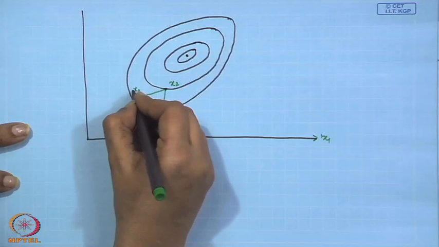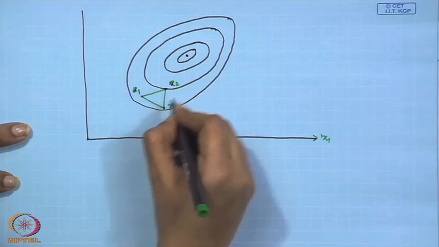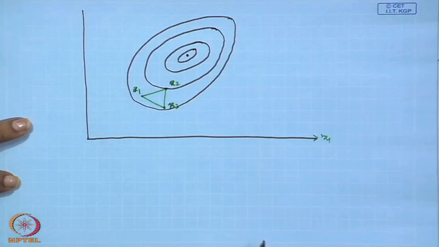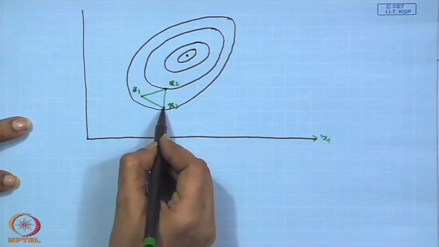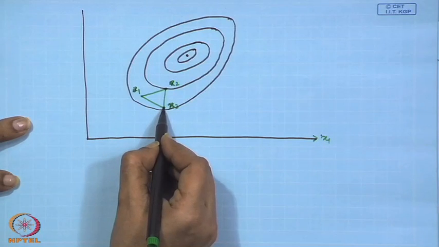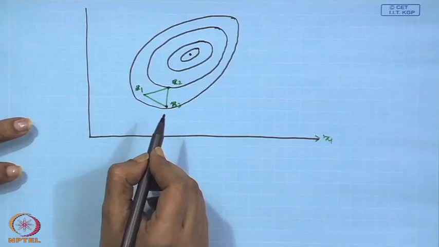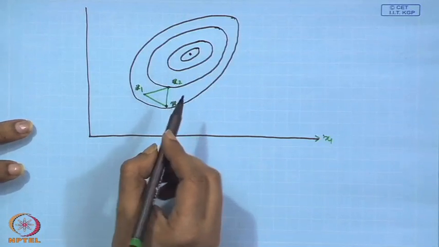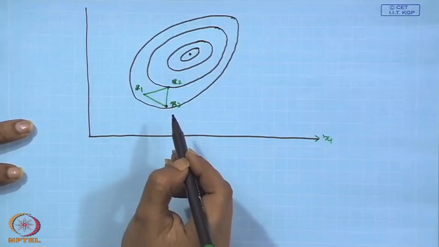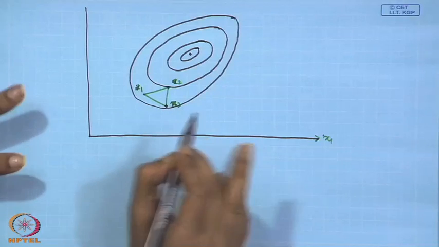Let me consider these as just number 1, number 2 and number 3. Now, it must be clear that at point 3 the functional value is higher. That is why in the next simplex, point 3 must be rejected.